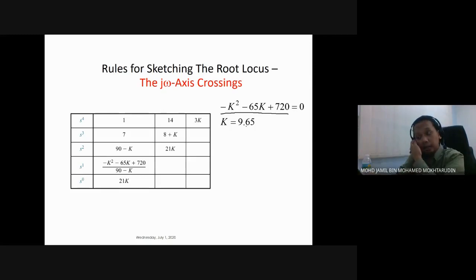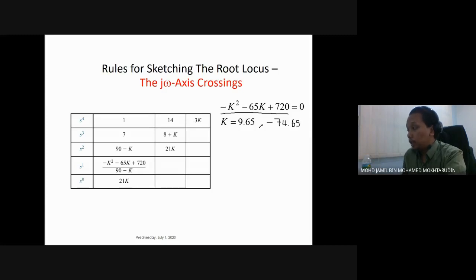If you use a calculator, with minus 1, minus 65, 720, you get 9.65, and another one is minus 74.65.